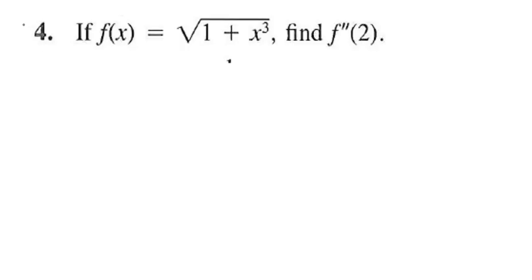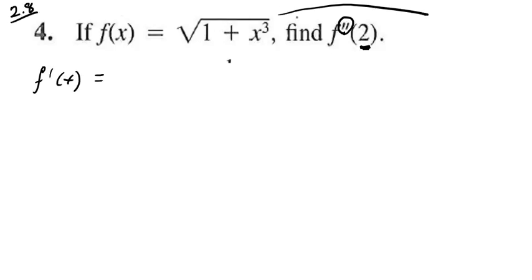All right, so if we look at section 2.8, this is chain rule, and we're going to find the second derivative, higher derivatives, second derivative evaluated at 2. So the first derivative looks like this. Well, you know what I'm going to do? I'm actually going to rewrite this as 1 plus x cubed to the power of 1/2, because of the square root sign.